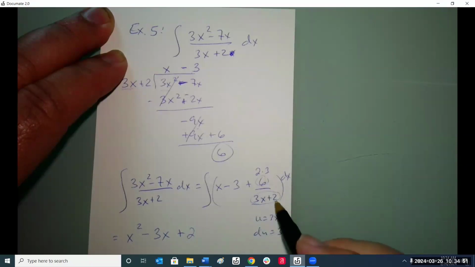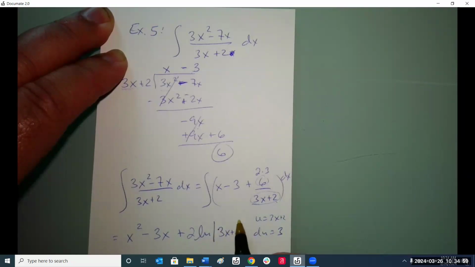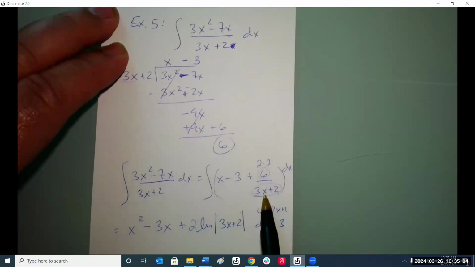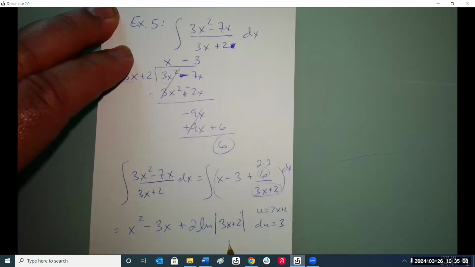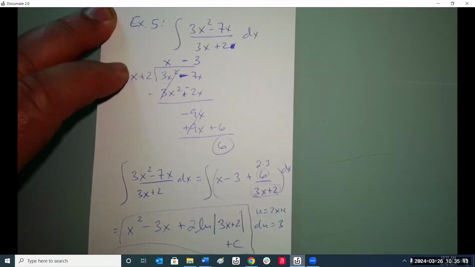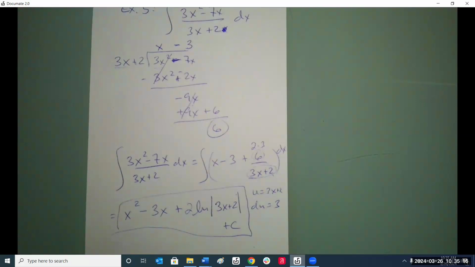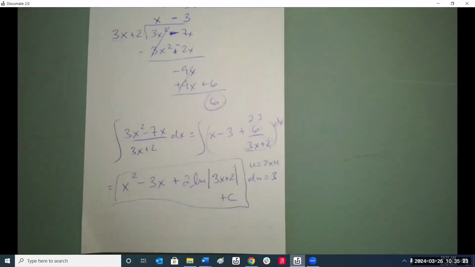So now we have 3 over 3x plus 2, which is the ln function. Since 3x plus 2, if x is negative, can give us a negative answer, we put in absolute values. Then plus c. So here's our solution, our integral. All right, that is number 5.